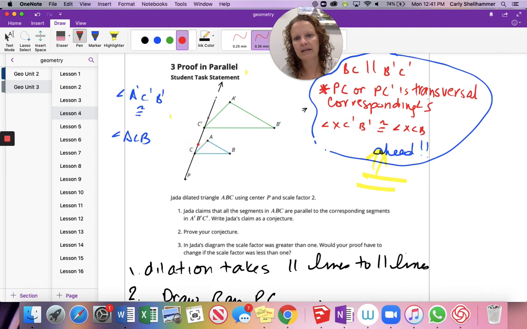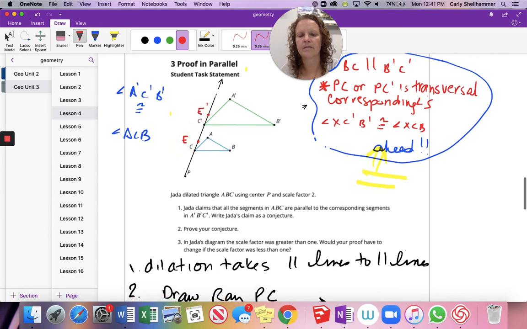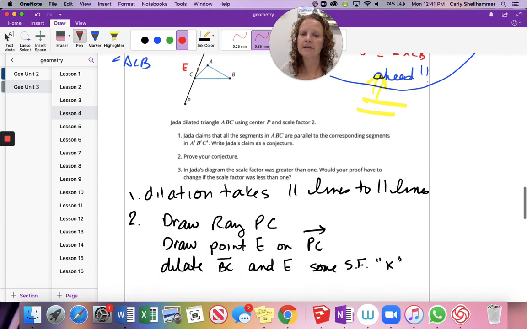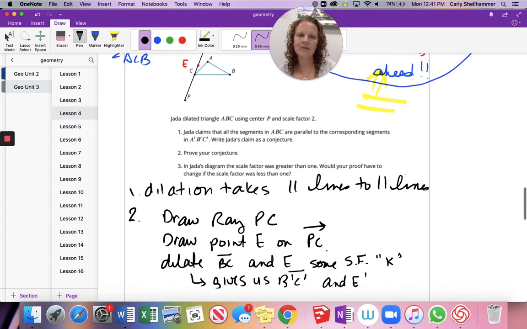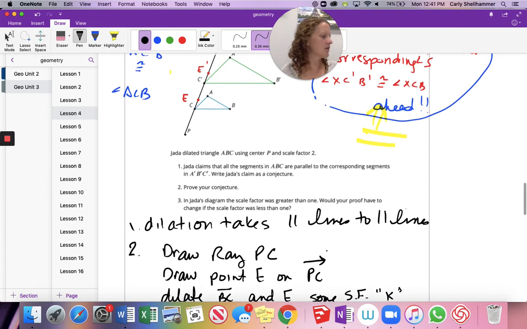When I dilate it, it's going to end up right there. So dilate segment BC and point E by some scale factor K, and that will give us B prime, C prime, and E prime. Not really a two-column proof because I don't have statements and reasons. We're just doing a lot of construction, and we're going to use the construction to help prove it.